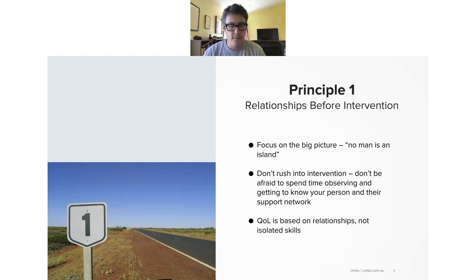If we think about someone who we do therapy with, say speech therapy, OT, whatever it is, we're exposed to a very small part of their life, and we're not often exposed to the greater family group, friends, support networks, if they're adults, work colleagues, people in the community.